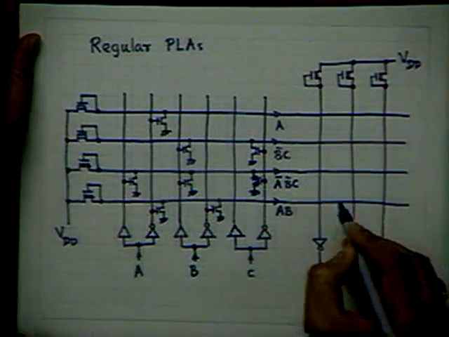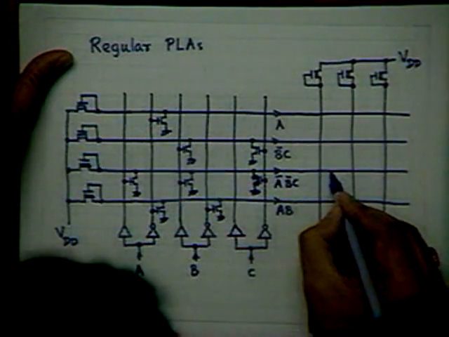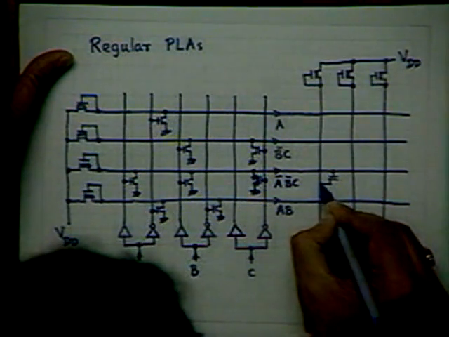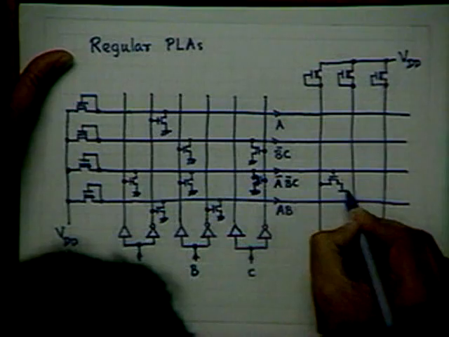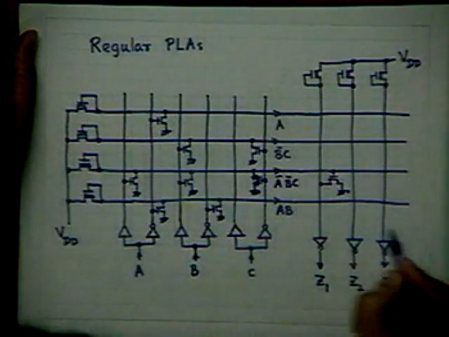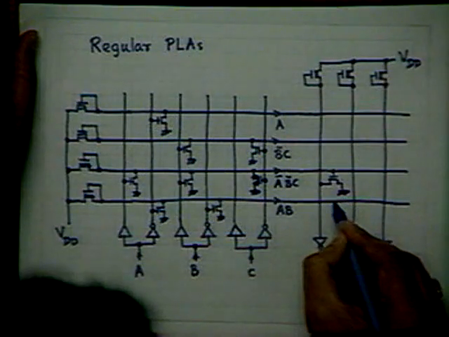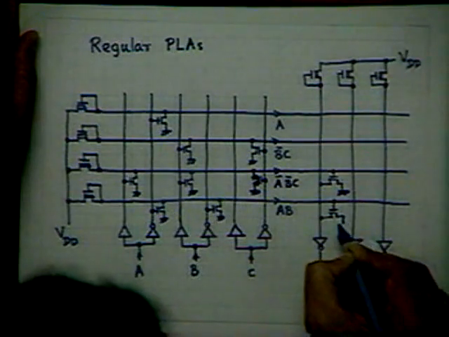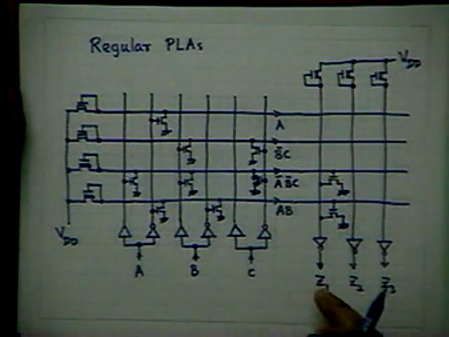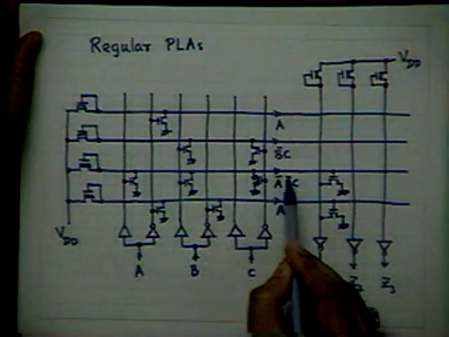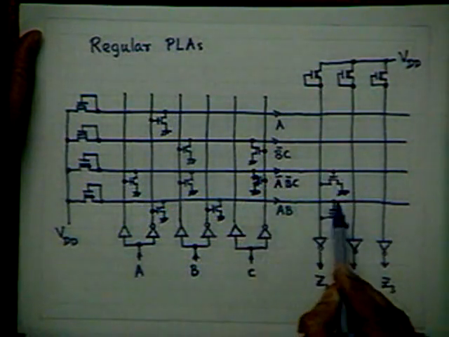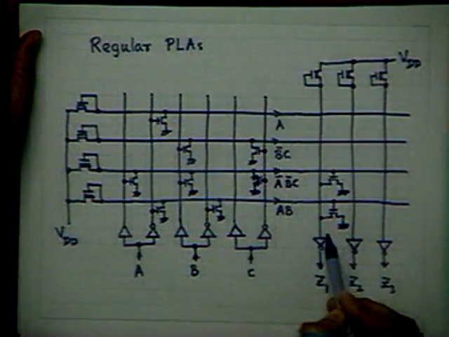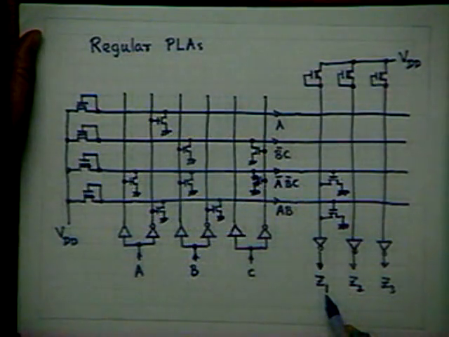And then I have to connect them in a slightly different fashion like this. To produce Z1, you see here I have connected A bar, B bar, C at this gate and AB at this gate. So you get the NOR of them here, and after inversion you get Z1.